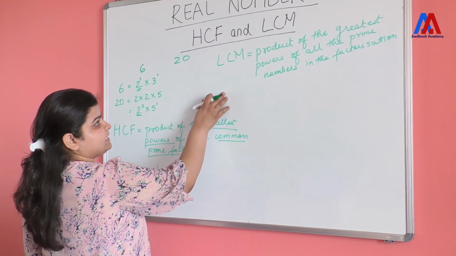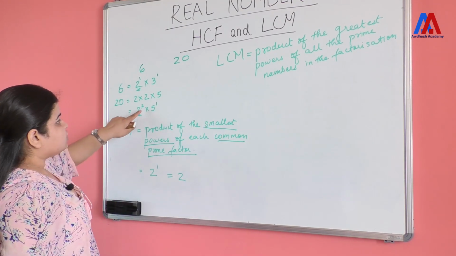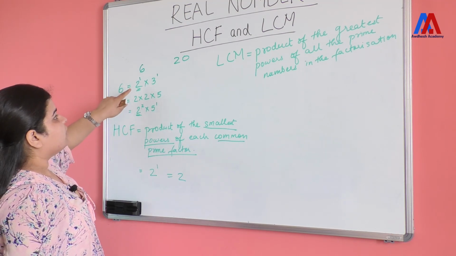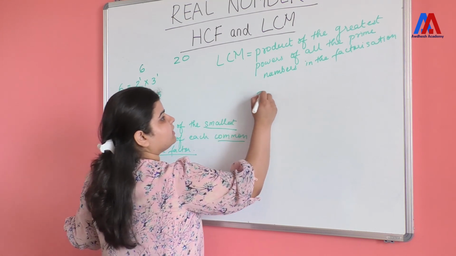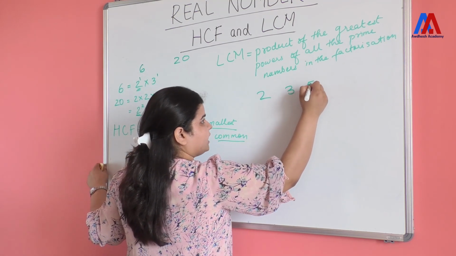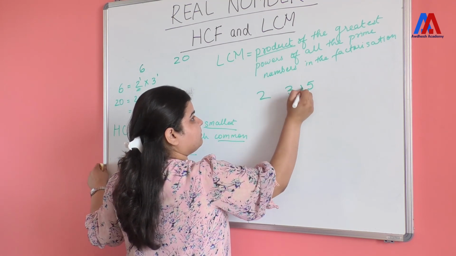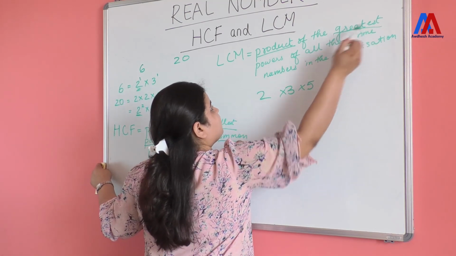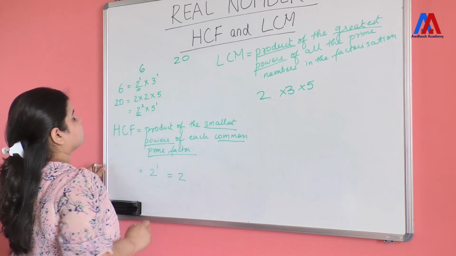Now in case of LCM, we'll take the largest power of each prime factor. So the prime factors we have here are 2, 3 and 5. We'll multiply them and now we'll find the greatest powers of each prime factor.